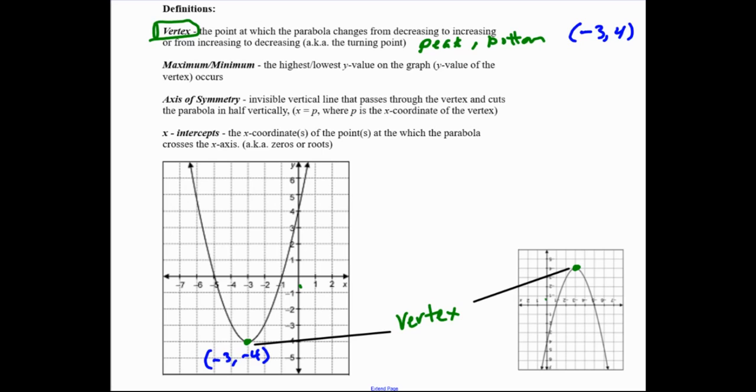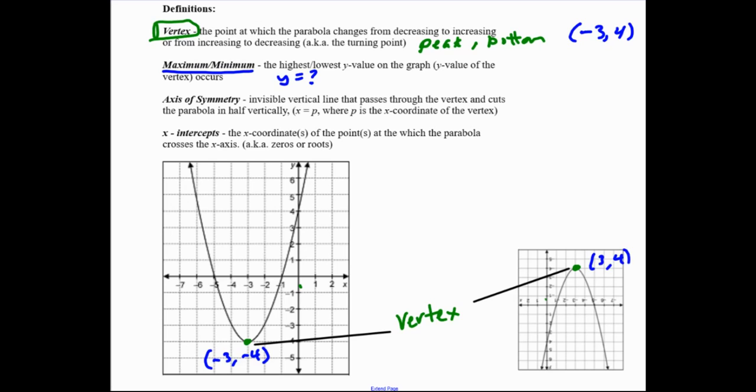The next thing is, is this a max or a min? The highest or the lowest y value on the graph occurs at the y value of the vertex. So it's y equals something. There's no x, so you're really just grabbing the y of the vertex. Let's say our numbers were not inverted. We would have 3 and 4.